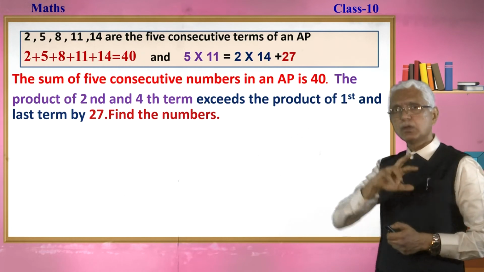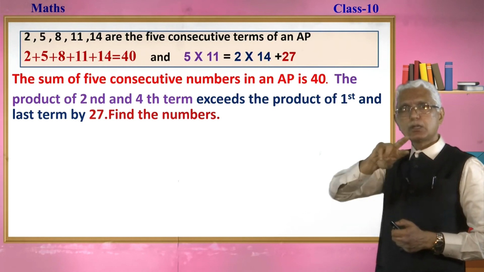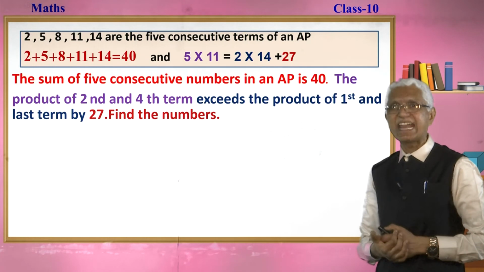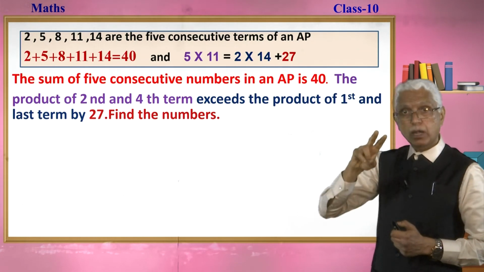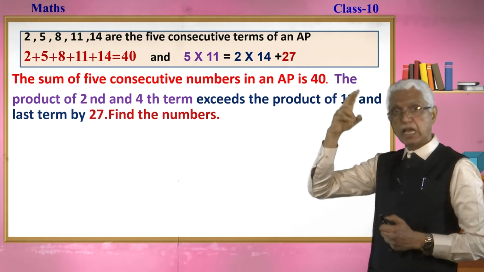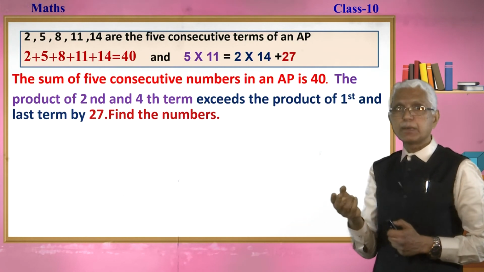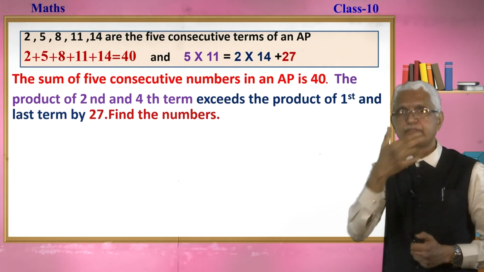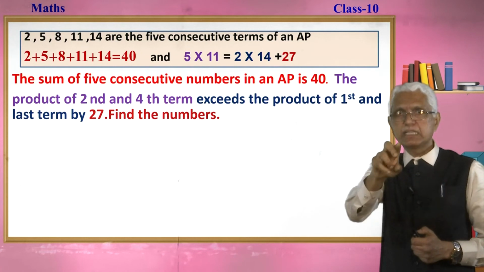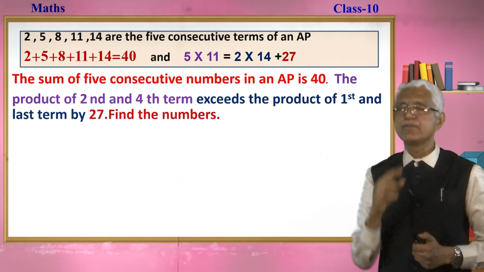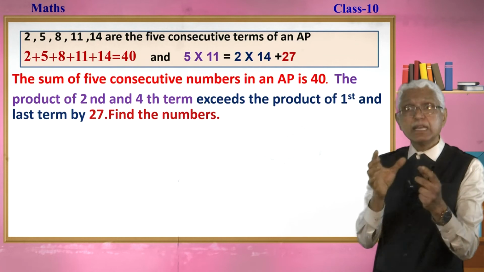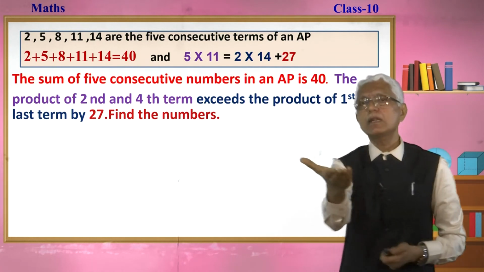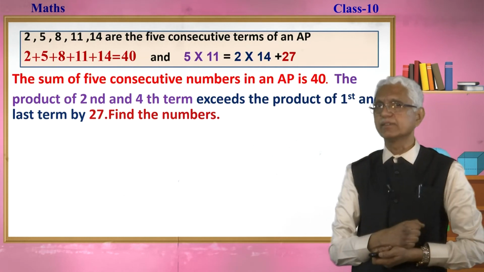First is 2, last is 14, 2 into 14 is 28, correct. So, the product of the first and the last is 28. What is the difference between 55 and 28? 27. The difference is 27.